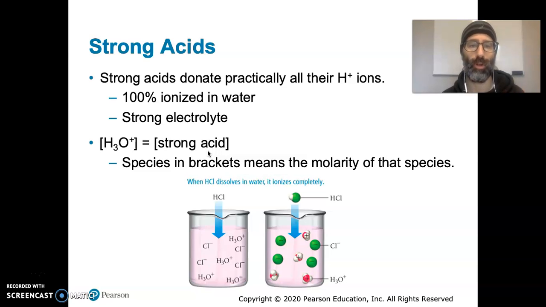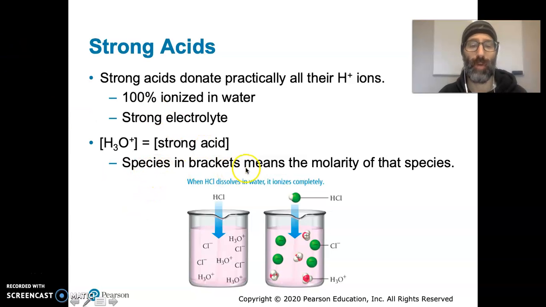A 1 molar solution of a strong acid means that you have a 1 molar solution of H plus ions, which means you have a 1 molar solution of hydronium ions. Hopefully that makes it clearer than what I said before. It wasn't quite right.